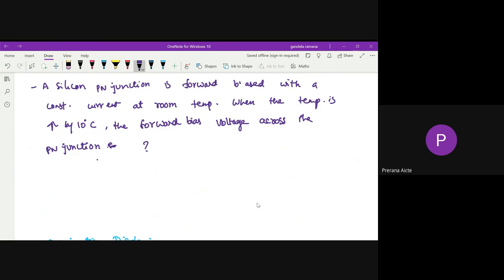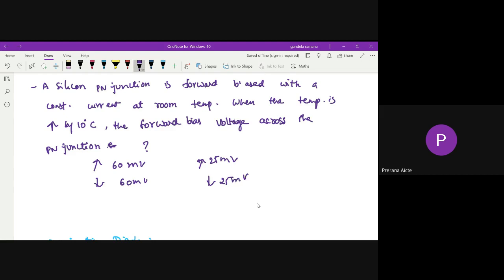It is increased by 60 millivolts, or decreases by 60 millivolts, or increases by 25 millivolts, or decreases by 25 millivolts.